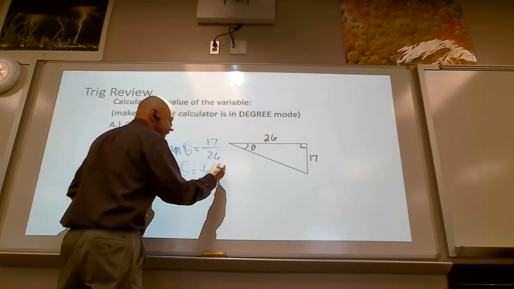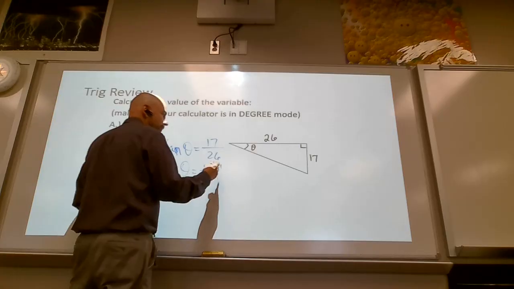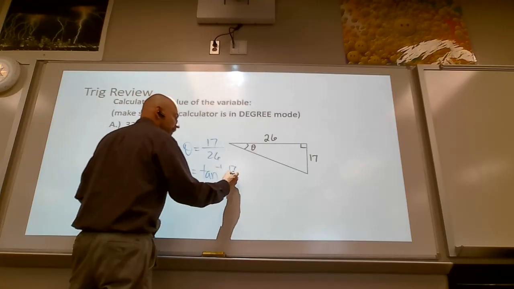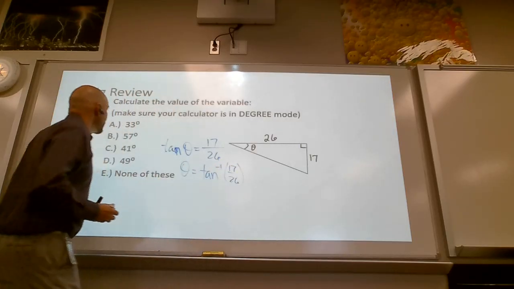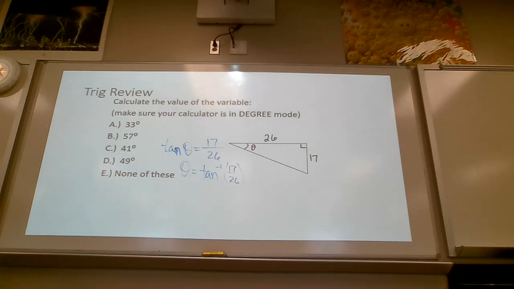So second, shift, whatever, tangent button, 17 over 26. Correct answer, 33. A. Thumbs up if you got that, 33. Yes, I rounded.